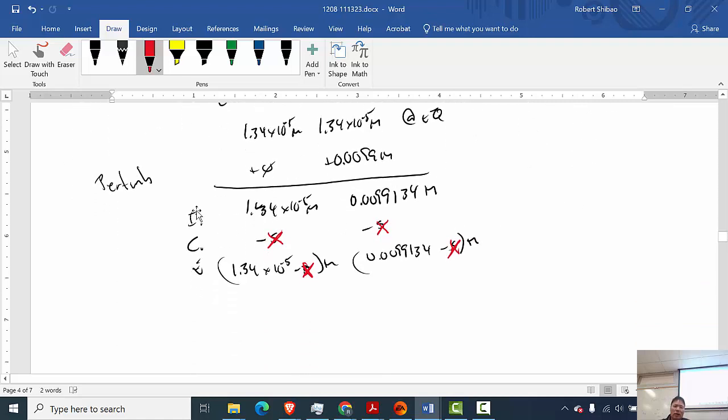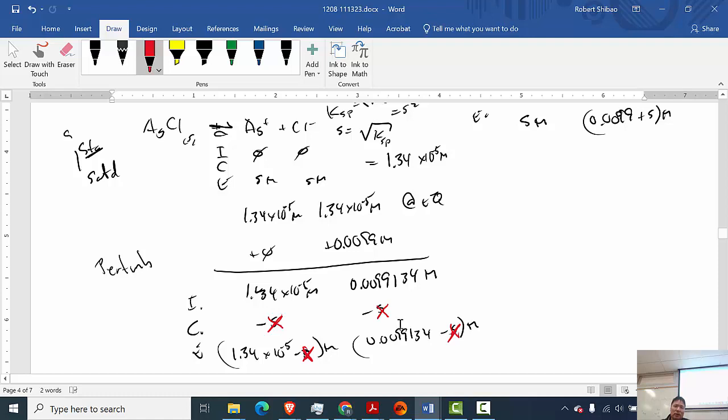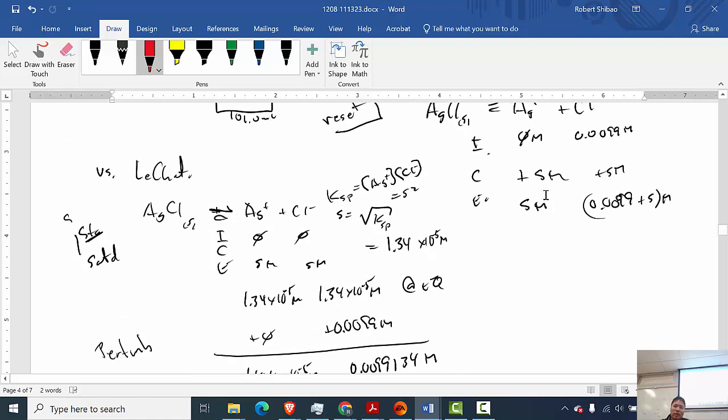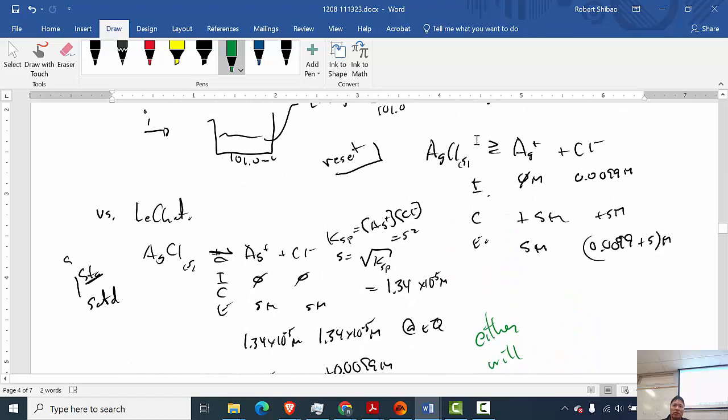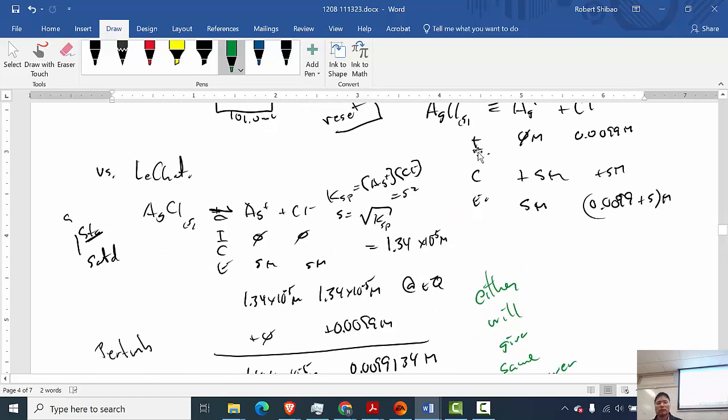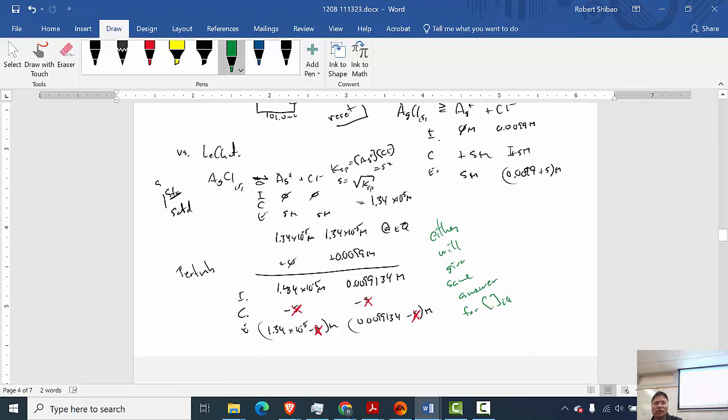Now what would you rather do math-wise? Would you rather do the equilibrium that gets perturbed and then solve for the shift, or would you reset it and just solve for the solubility? Which one looks easier mathematically? You could do either one. It will give the same answer for the equilibrium concentrations. Ultimately, we want the equilibrium concentrations. Can you do it?